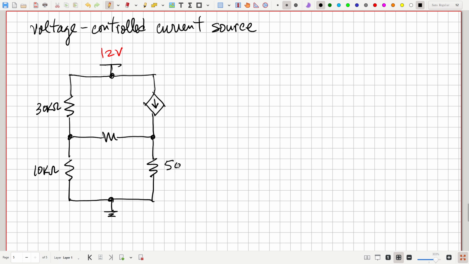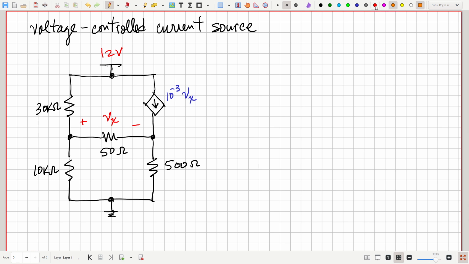This is 500 ohms and this is 50 ohms. This voltage drop from left to right, called Vx, and then this current is 10 to the minus 3 Vx. So let's solve that circuit.